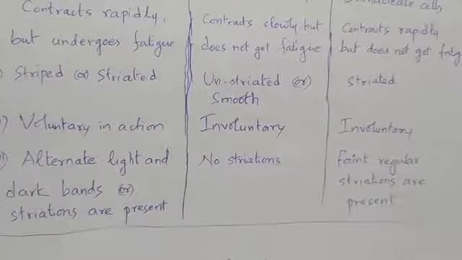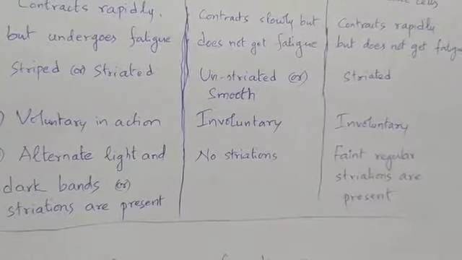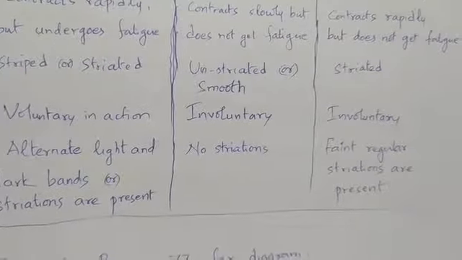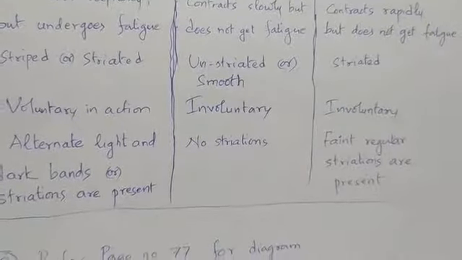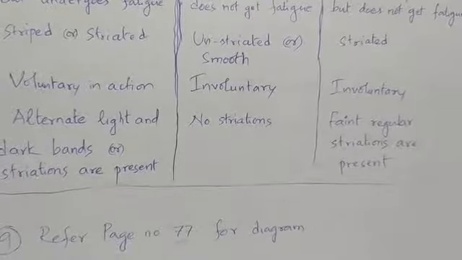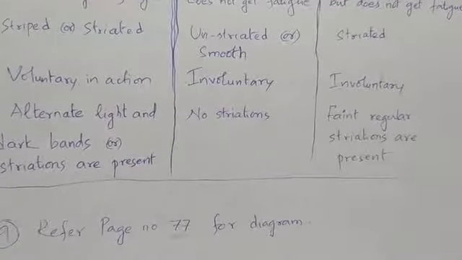Skeletal muscles are voluntary in action, meaning they contract or relax by our thinking. Whereas unstriated muscles and cardiac muscles are involuntary; without our involvement, that is our thinking, they contract and relax.